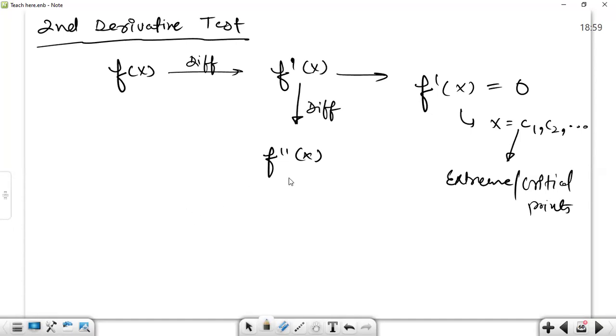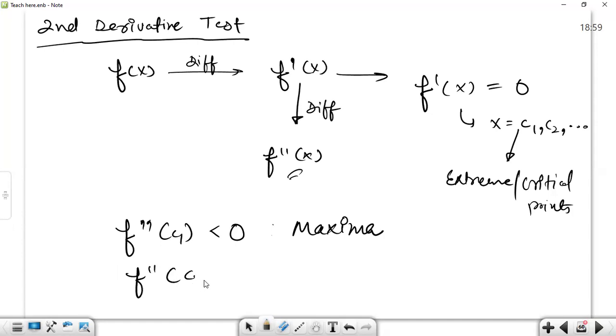So you have this function now. Substitute x with the critical points. After substituting x with c1 in f double dash, if it comes out to be negative, then the function is having local maxima at that point. If for some critical point it is positive, then the function is having minima at that point.